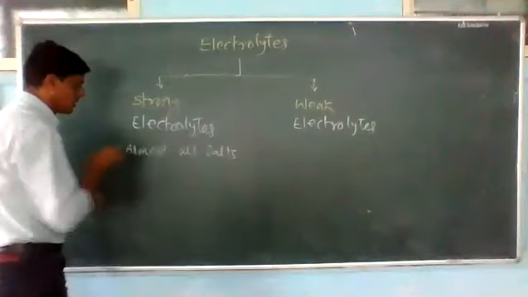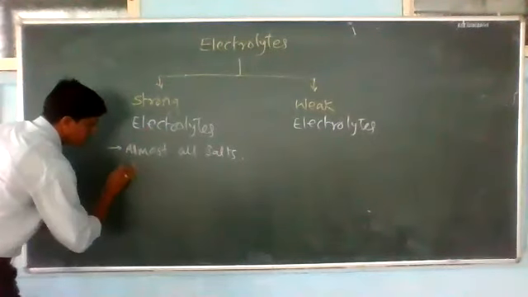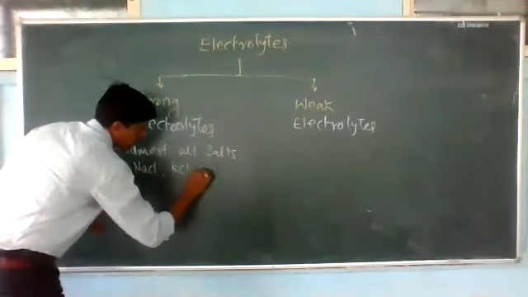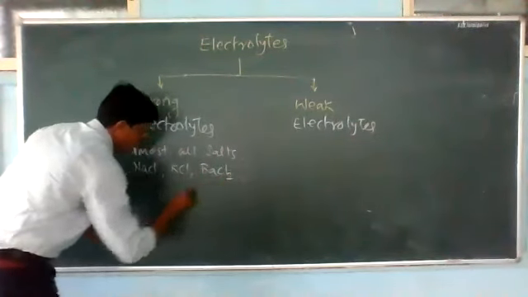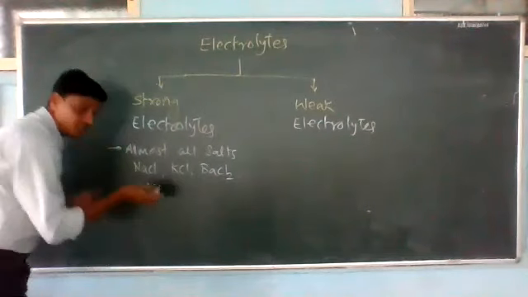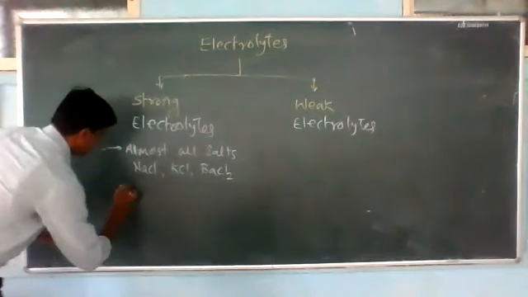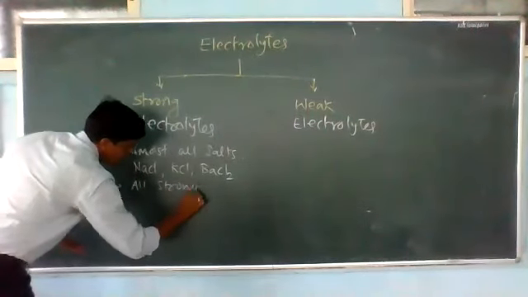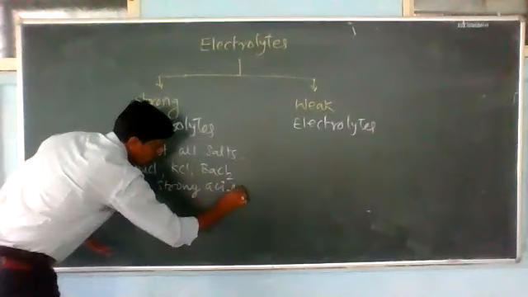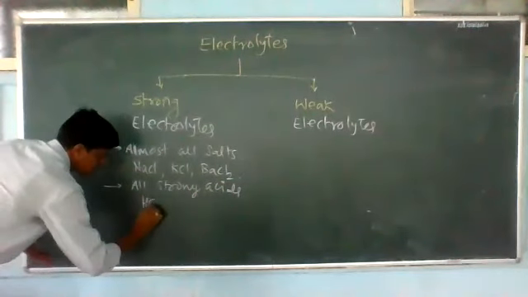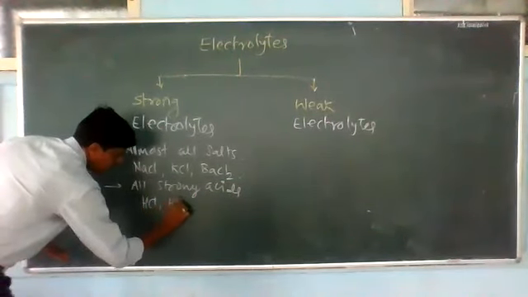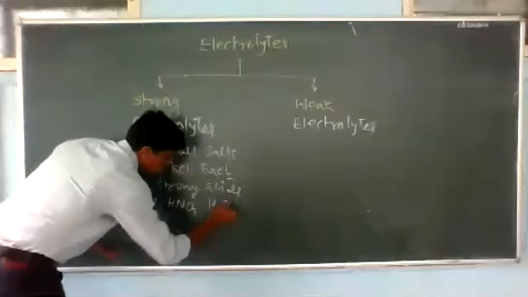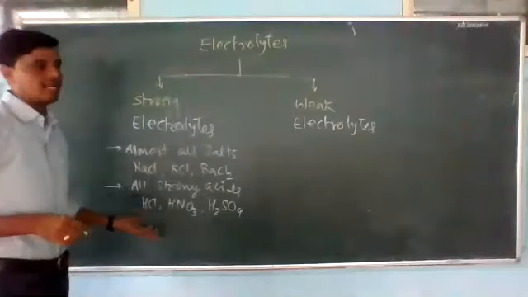For example, NaCl, KCl, BaCl2, and all strong acids also. What are these acids? HCl, HNO3 (nitric acid), H2SO4 (sulfuric acid), etc.